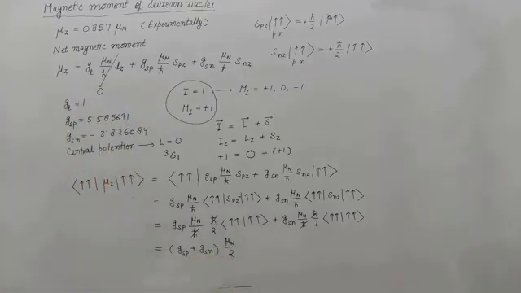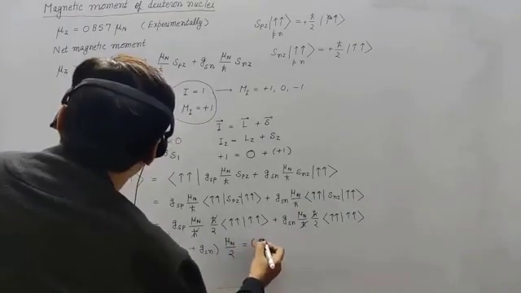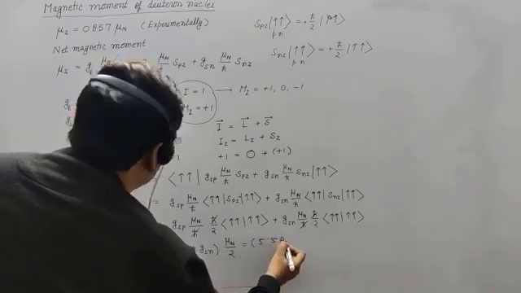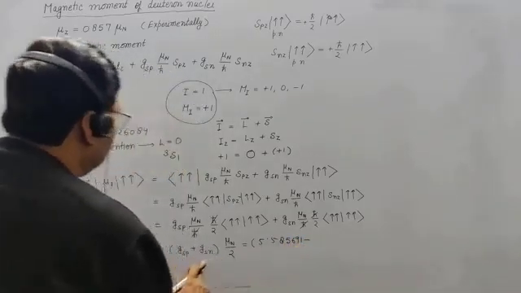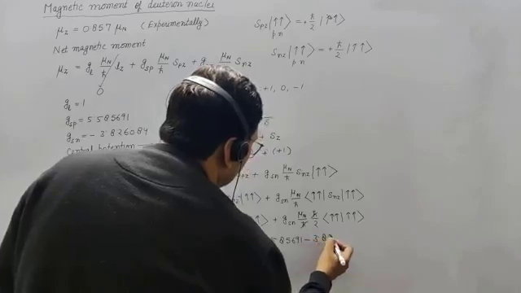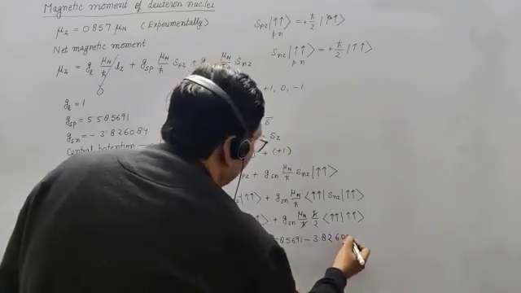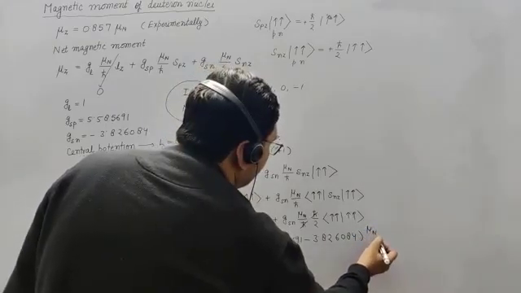Now substitute the values of GSP as well as GSN. The values are given here, so we will substitute them. This will be equal to 5.585691 minus this GSN, 3.826, into mu n by 2.